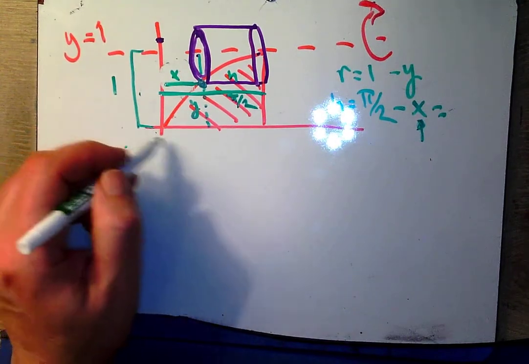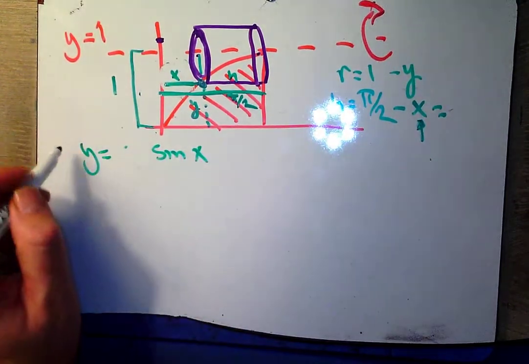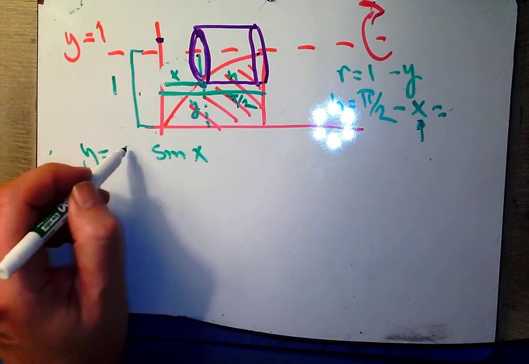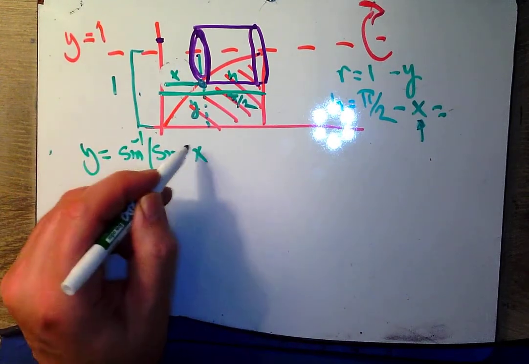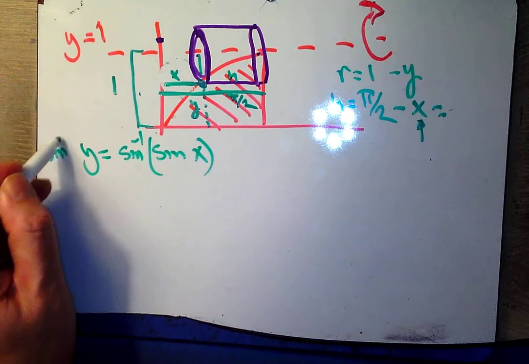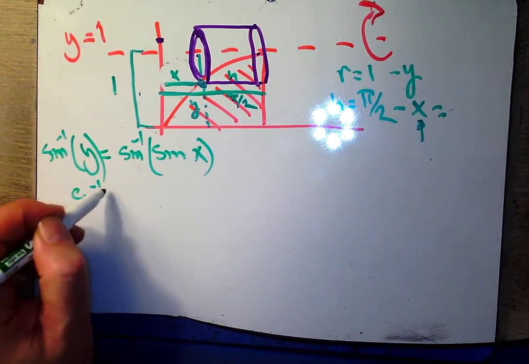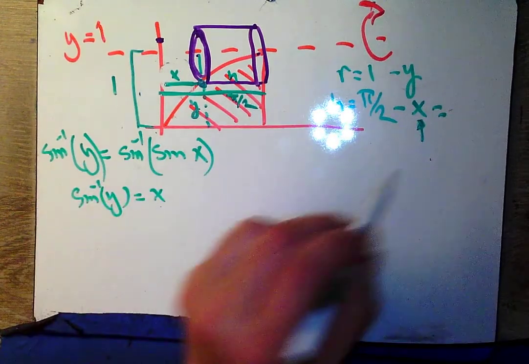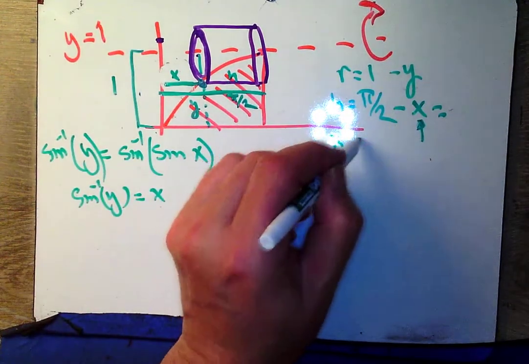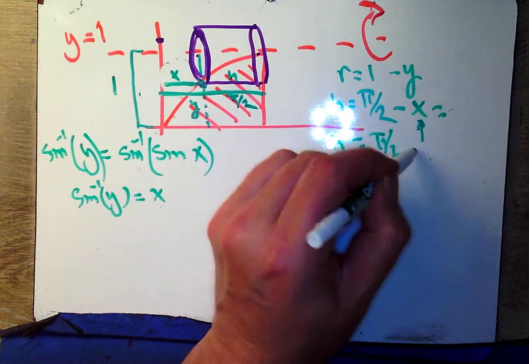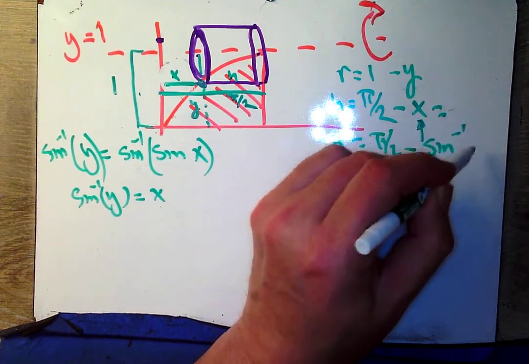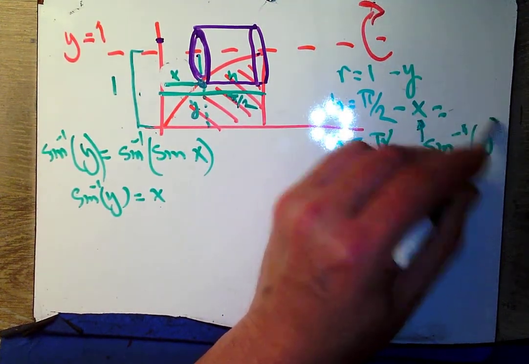So remember, we have y equals sine x, and we're going to take the inverse sine of both sides, and we'll end up with sine inverse y equals x. So I can say then that height is pi over 2 minus sine inverse y.